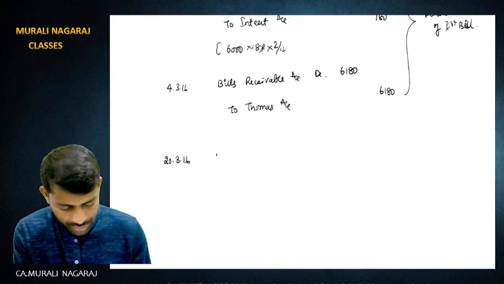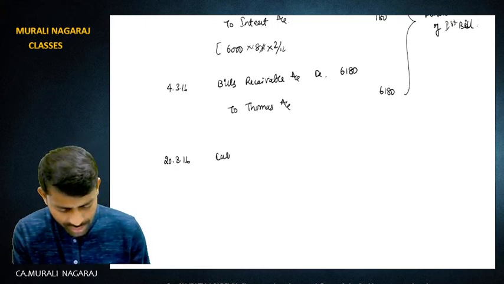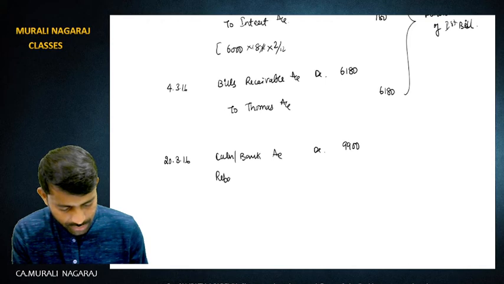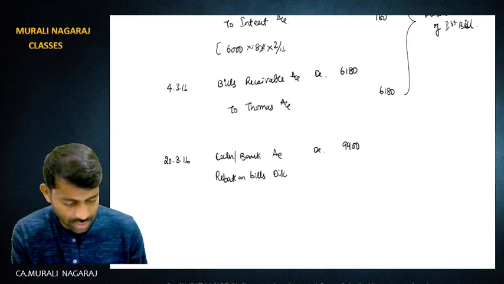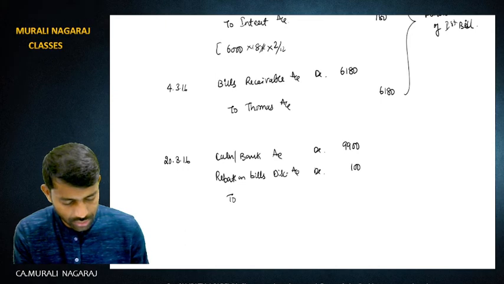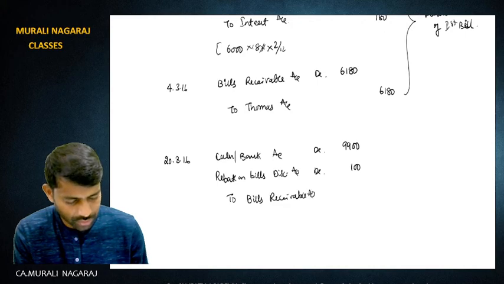So the entry is cash or bank account debit 9,900, rebate on bills discount account debit 100 rupees, because they allowed a discount of 100, to bills receivable account, the second bill, which is total 10,000.